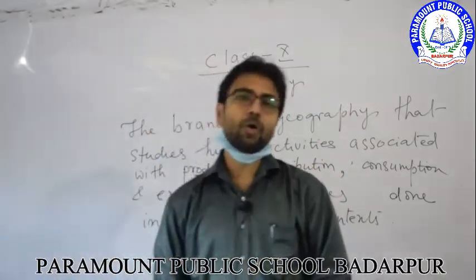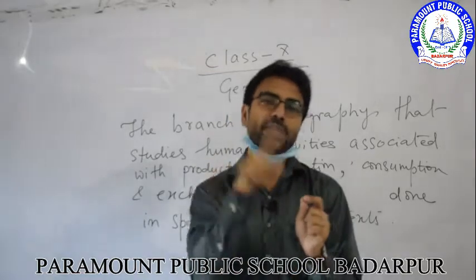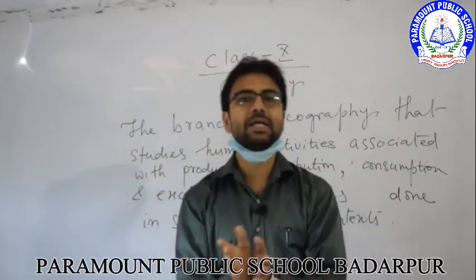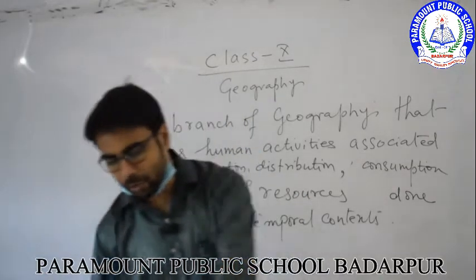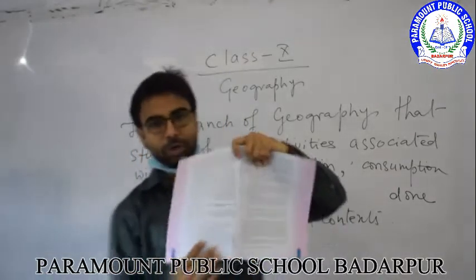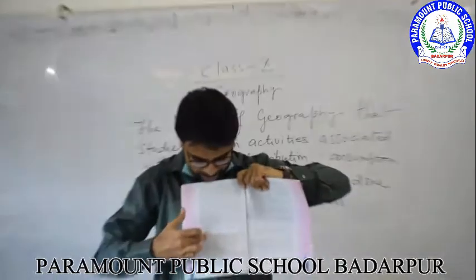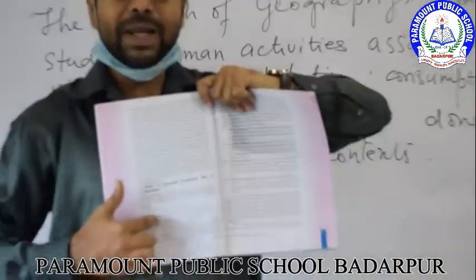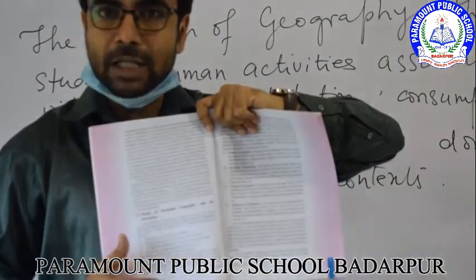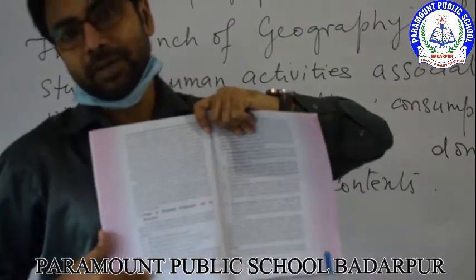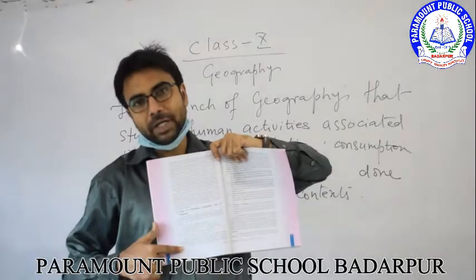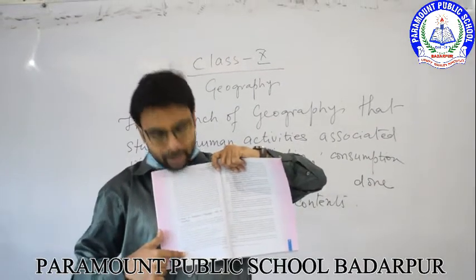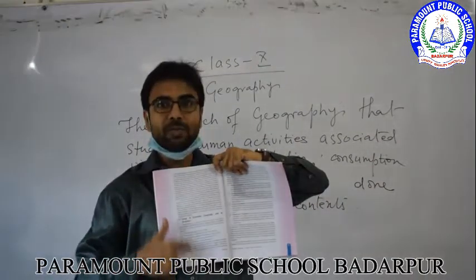So, it is very important to understand the scope of every subject, that is the radius within which this subject operates. So, what is the scope? If you turn to page number 2 of your book, I will just point it out to you once again. Can you see it? I hope you can. Here you will get some questions, and these are the scope of the subject, all right. Clear?